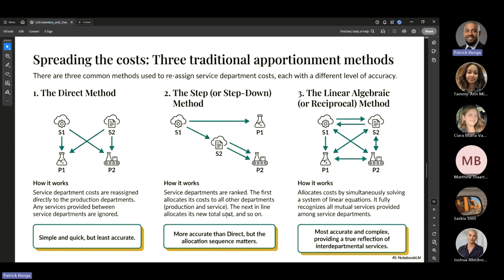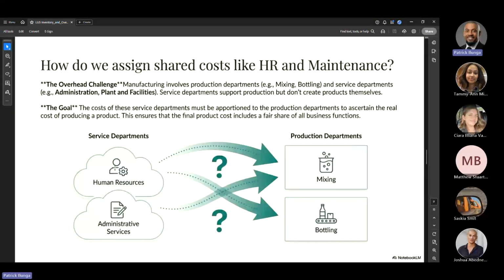Here we would rank easily because human resources is assisting all departments, so we would rank it first. We would start by allocating from HR to the production and from HR to the other service departments. All right, so that makes sense.